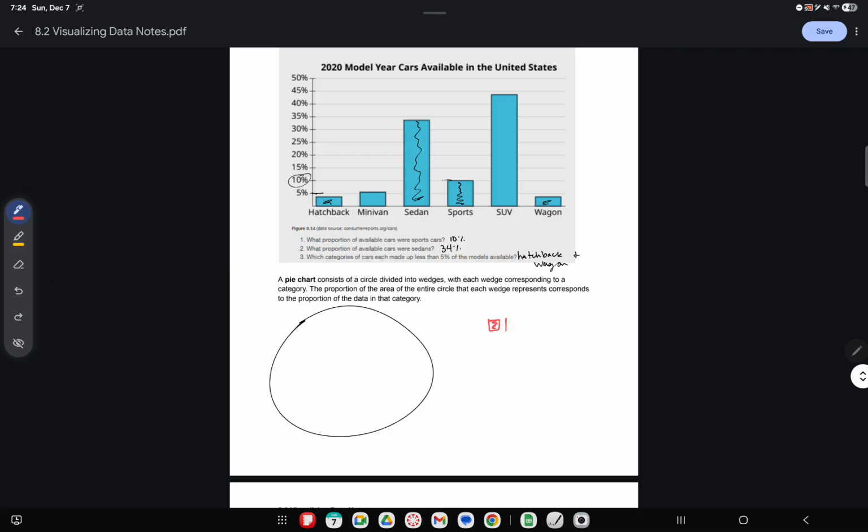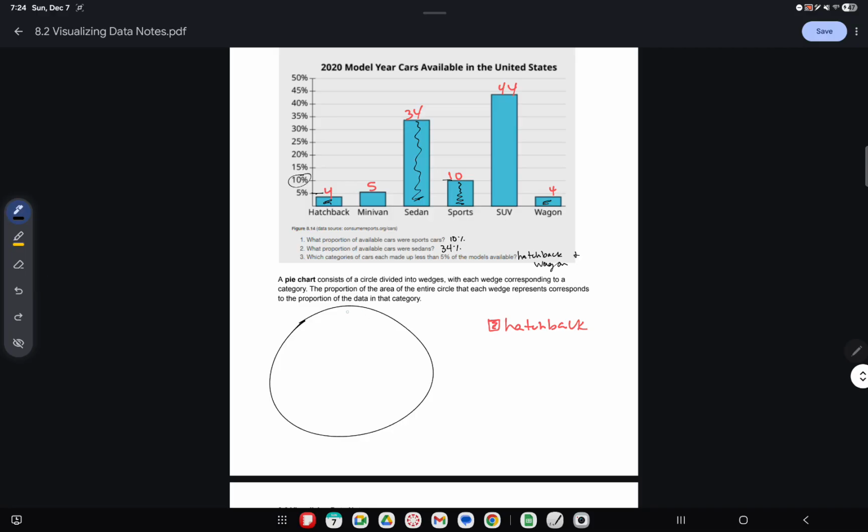Let's do hatchback in red, and that's under 5%. I'm going to write all of these. Let's say that's 4. Minivan is 5. Sedan was 34. Sports was 10. SUV was 44. And wagon probably also 4.